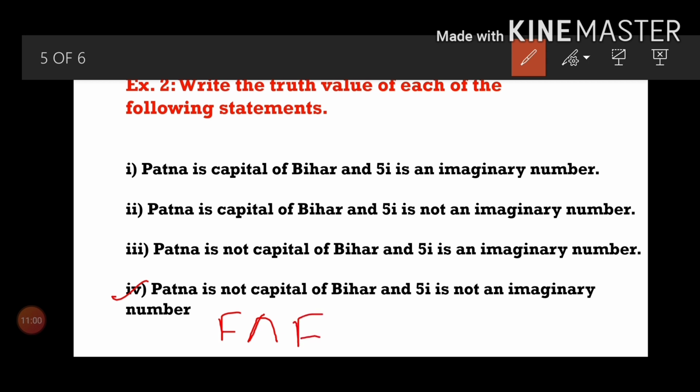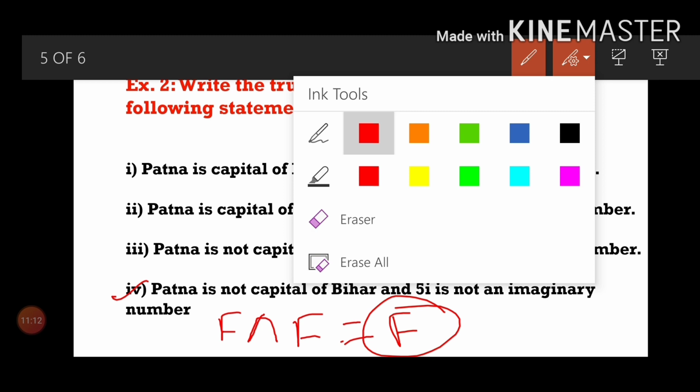So F and F equals F. Then the truth value is F.